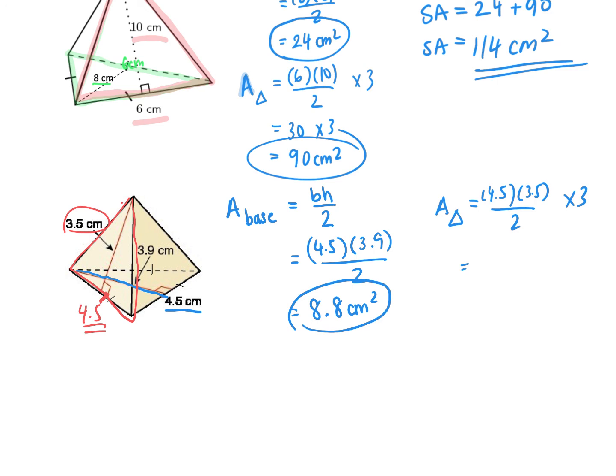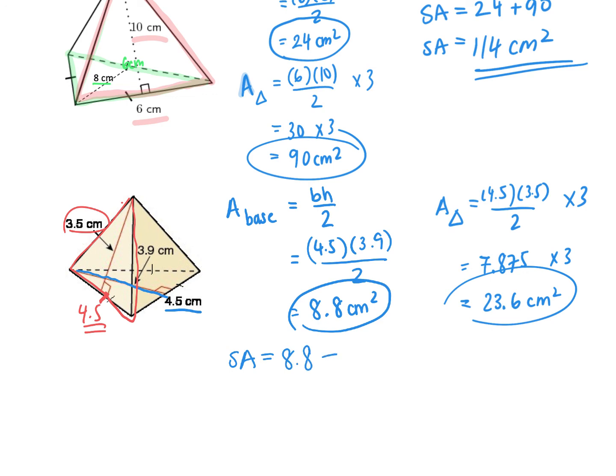So 4.5 times 3.5 divided by 2, that's 7. I'm not going to round my answer just yet because this isn't my final answer. So that was the original area for one of the triangles, and when I triple it, now I will round my answer to 23.6 centimeters squared. So those were 3 of our lateral surfaces, and now we can add them up.